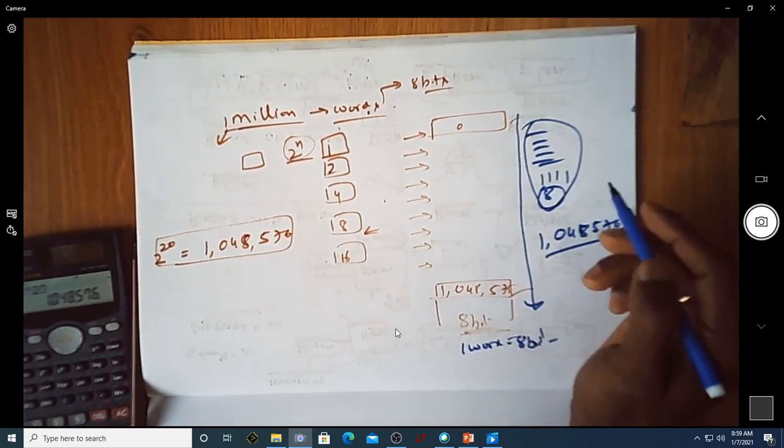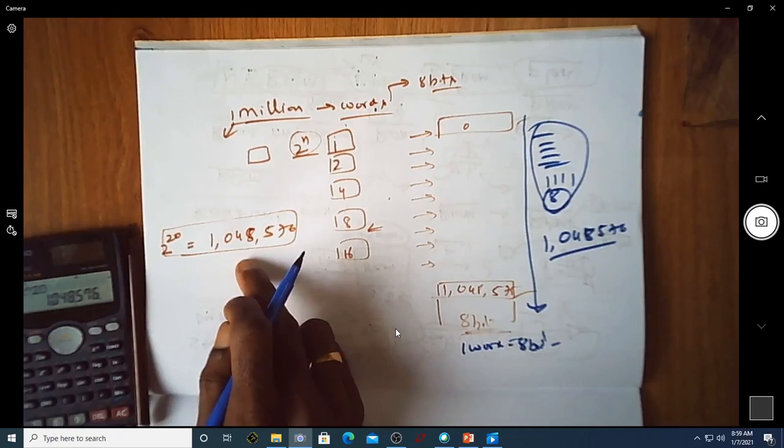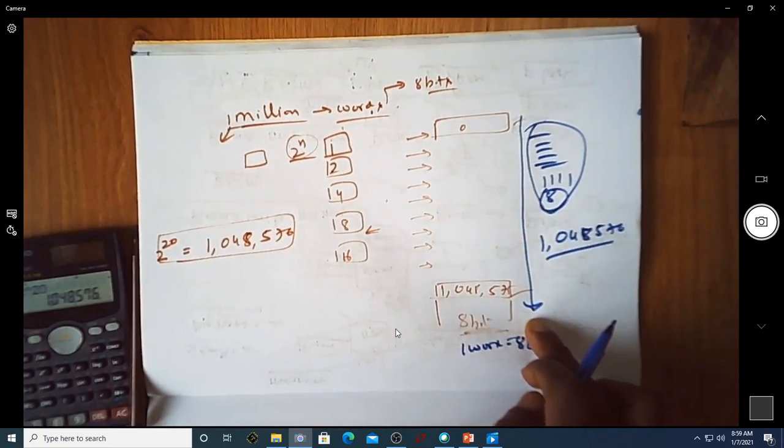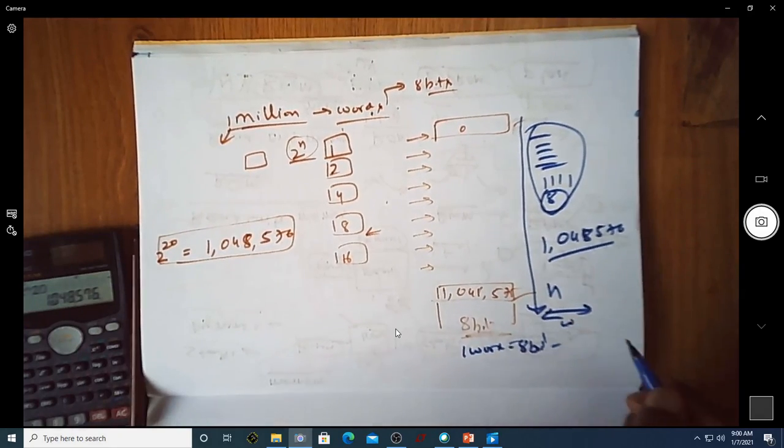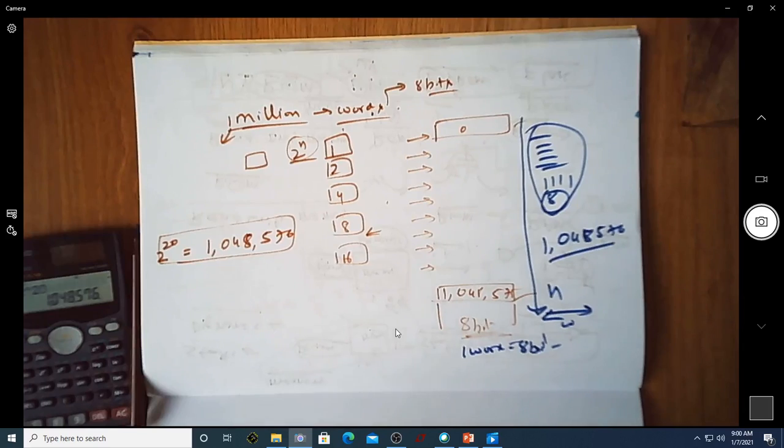The aspect ratio is very poor. The height is so big, but the width is so small.